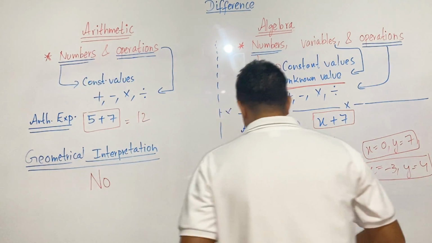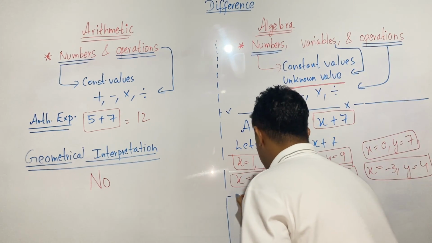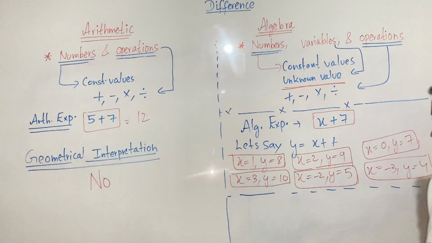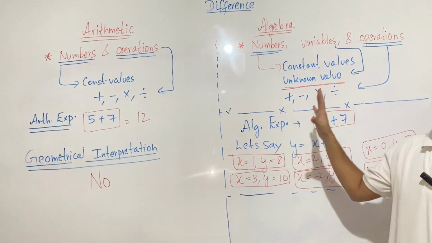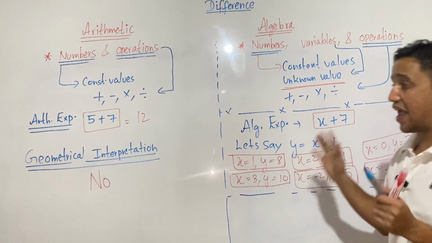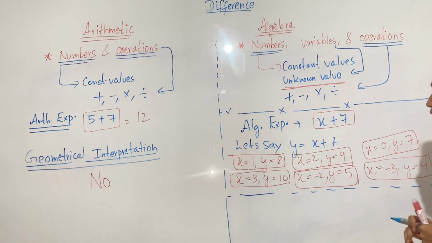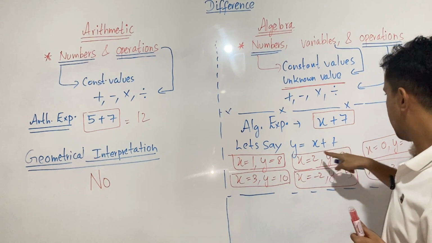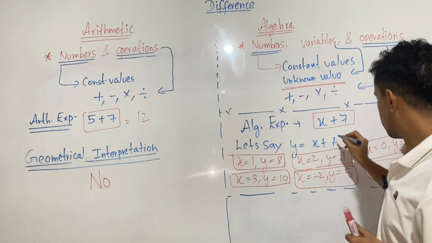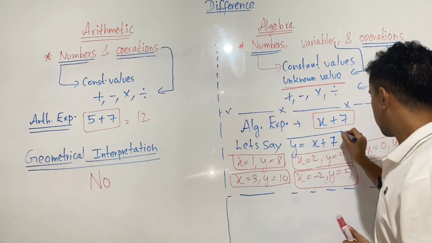On the other hand, there is geometrical interpretation of algebraic expressions and algebraic equations. For example, let's take the equation y is equal to x plus 7, the same equation we were talking about.